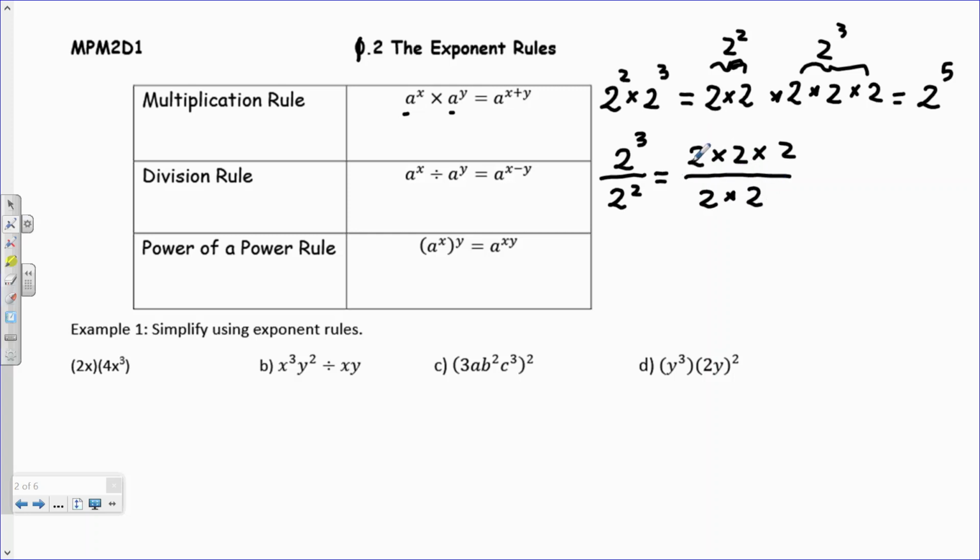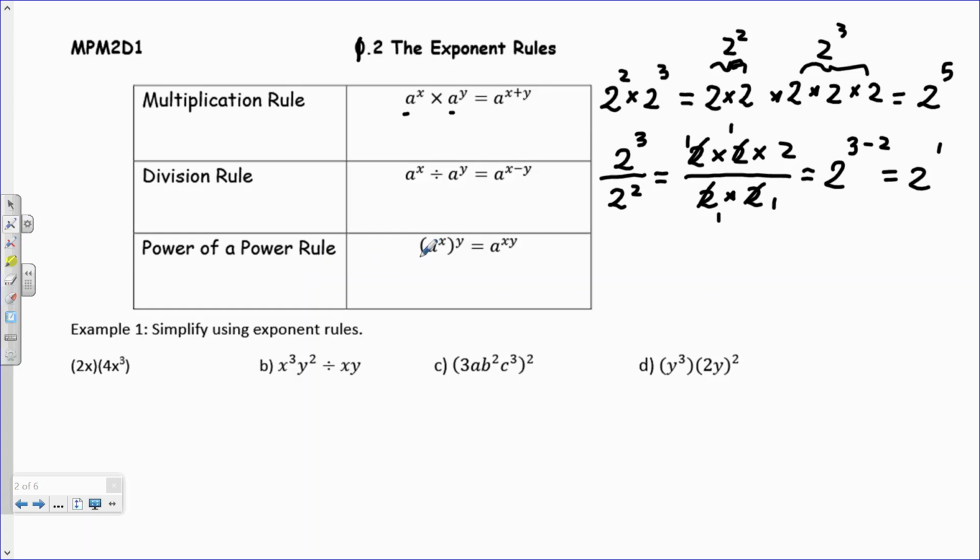Then we can cancel the 2s out, and you are going to have one 2 left. So it means 3 minus 2. You have 2 to the exponent 1. So for division, the exponents, the degrees, subtract.